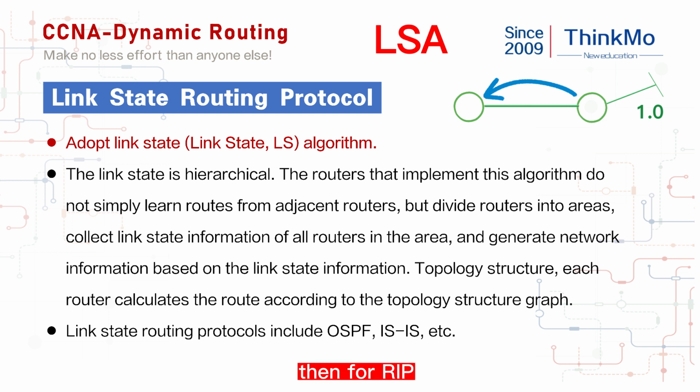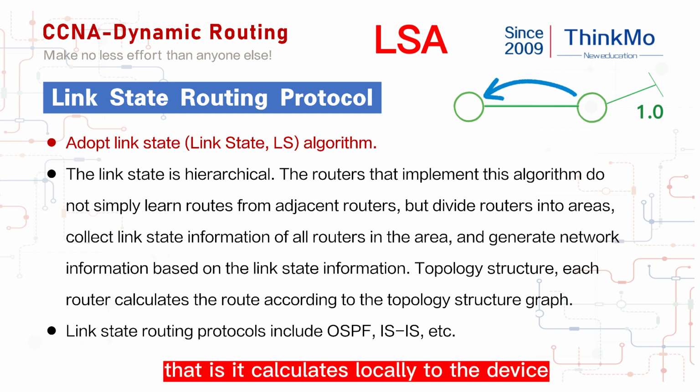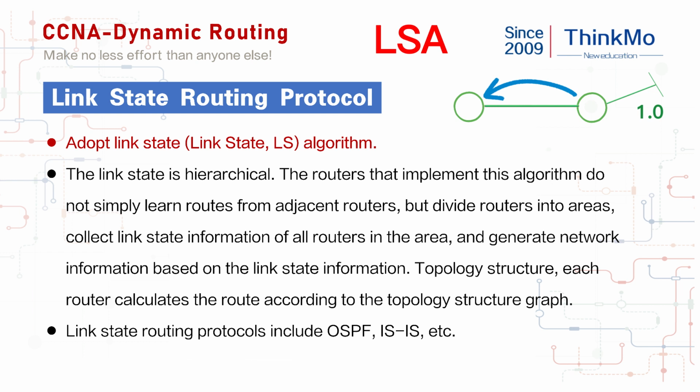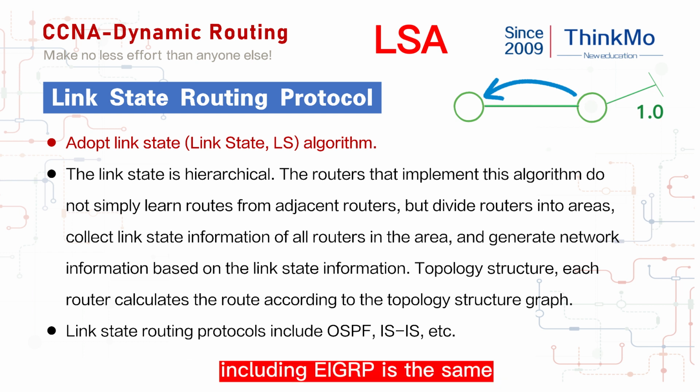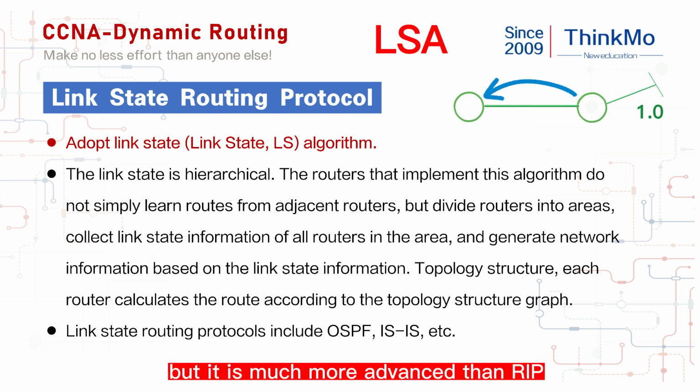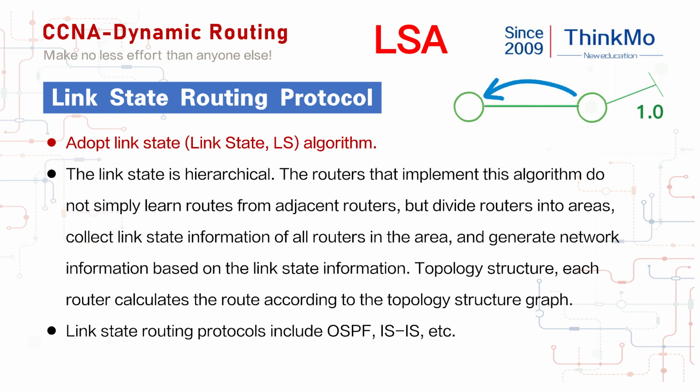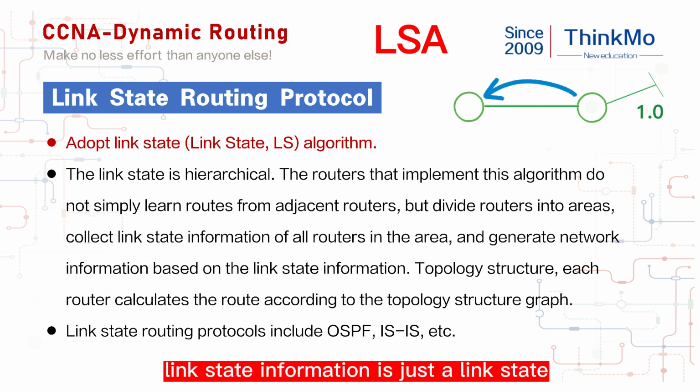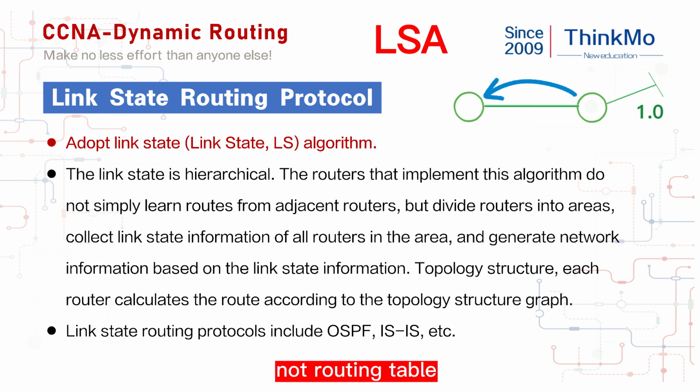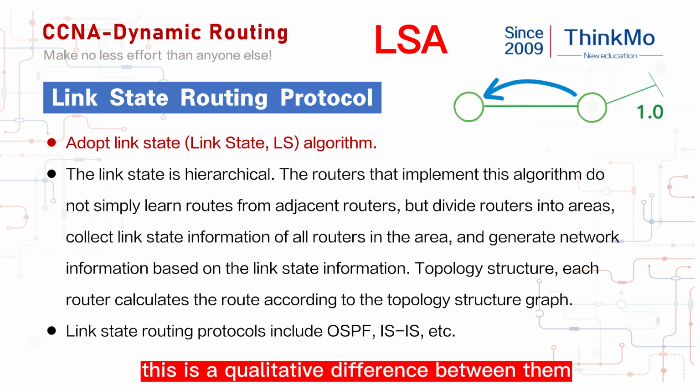Then for RIP, it calculates locally on the device, and the equipment takes it and uses it directly. Including EIGRP, it is the same, but it is much more advanced than RIP. That is to say, link state information is just a link state, not a routing table. RIP transfers the routing table. This is a qualitative difference between them.